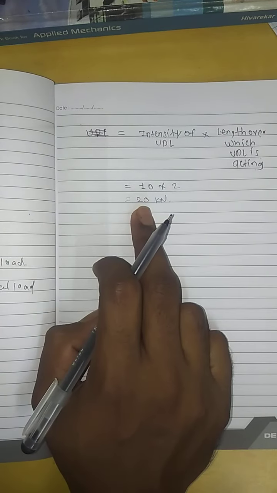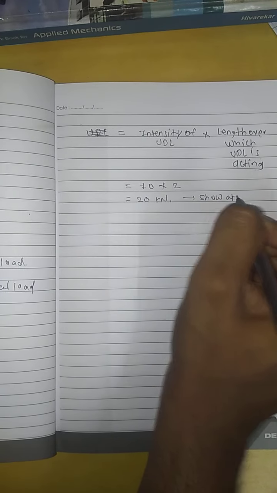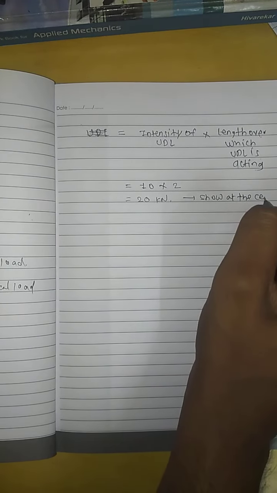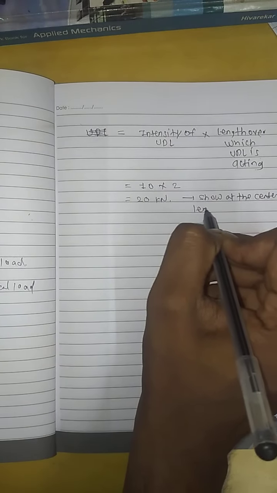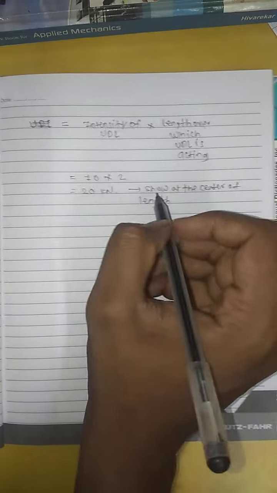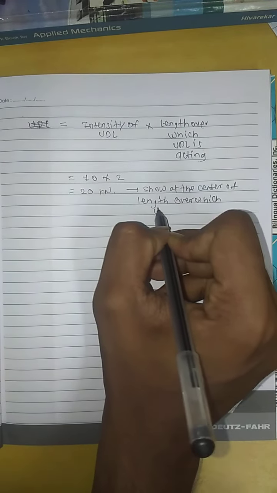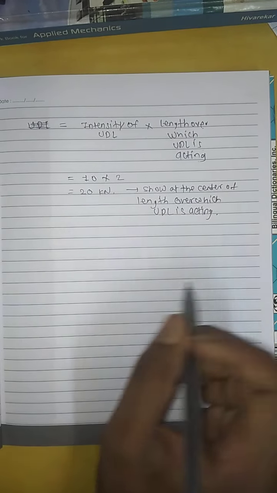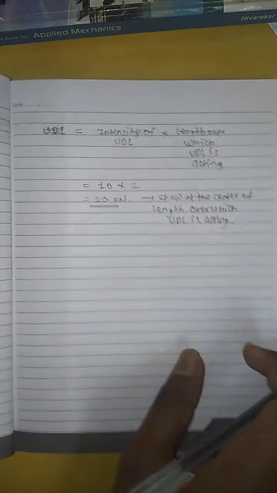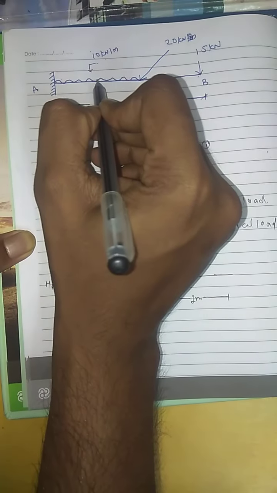Now where to show this load? Show it at the center of the length over which UDL is acting. Means you have to show this 20 kilonewton force at the center.